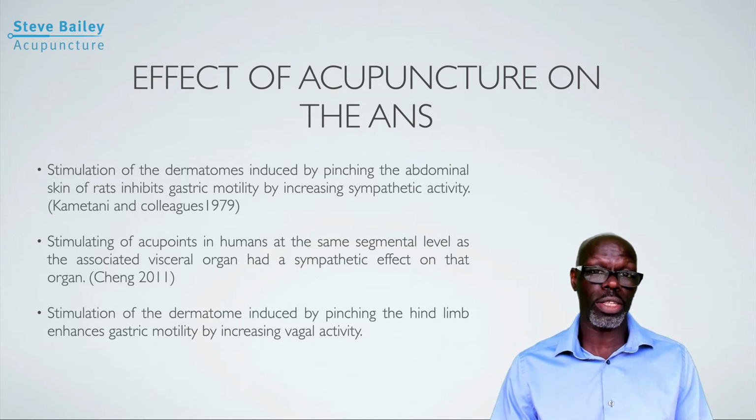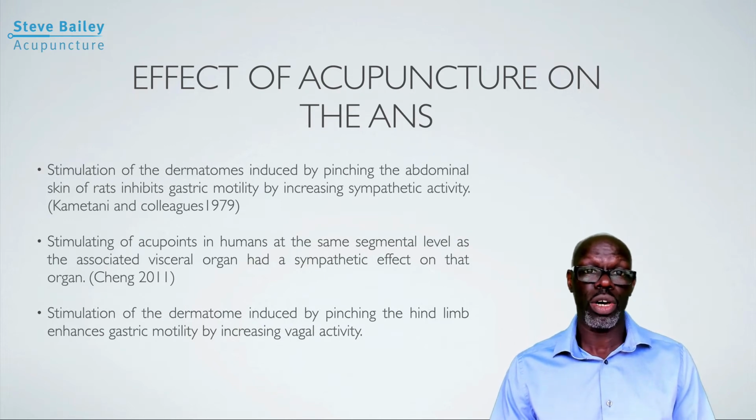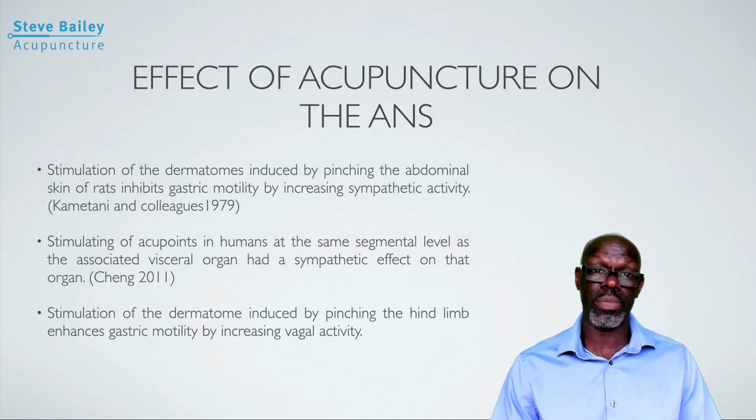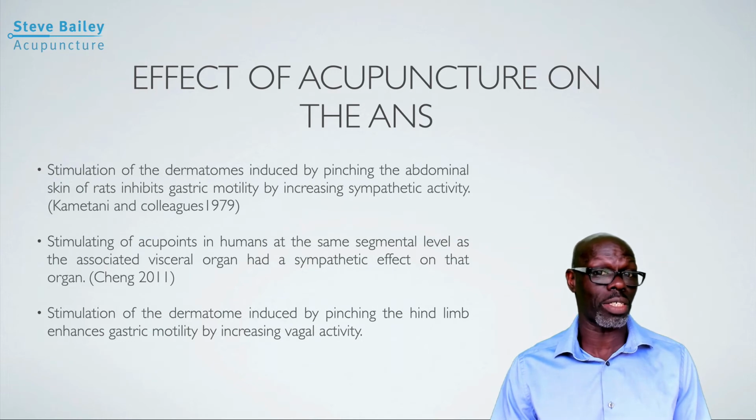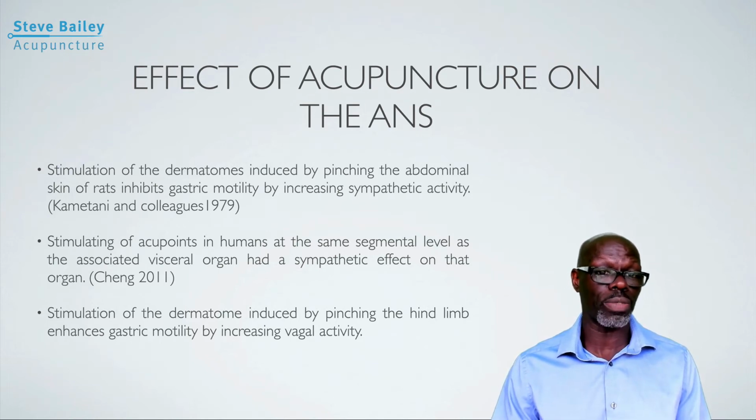Don't choose a point because it says it's going to have an effect on the stomach, or the kidney, or the bladder. You need to know whether it's going to be a sympathetic or a parasympathetic effect, depending on where that point's actually located. I'm hoping I've got that clear in everybody's mindset, because many people just look at the function of the point but not the location.